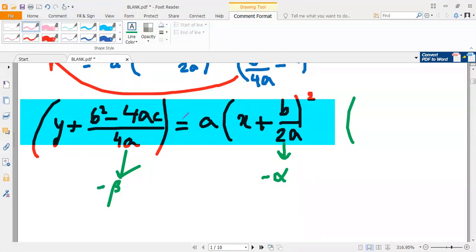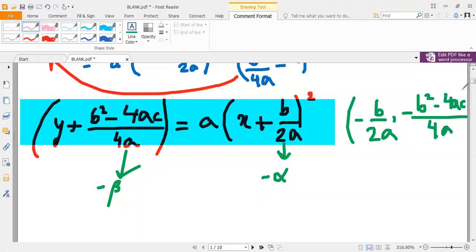So actually the vertex of this quadratic equation is minus b by 2a, that's the x coordinate, and this is minus b square minus 4ac by 4a. So that's the vertex of this quadratic equation.